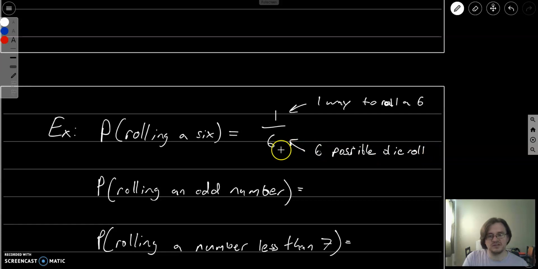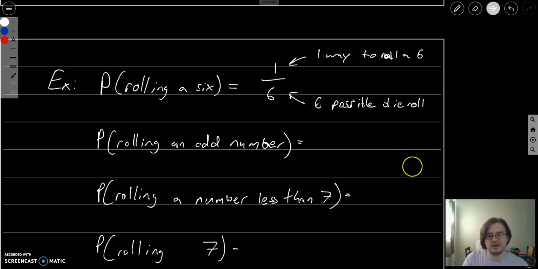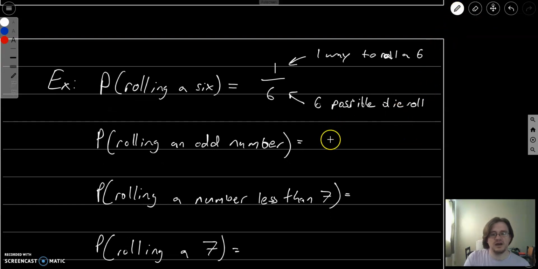We could roll a 1, 2, 3, 4, 5, or 6. Well, that's 6 possibilities. So these are the simple events that can't be broken down anymore. So since there are 6 of them, the probability of rolling a 6 is going to be 1 out of 6.